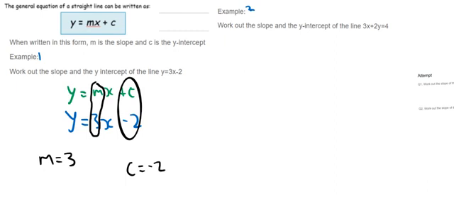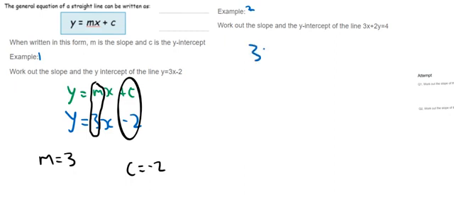What we mean by y-intercept is where the line will cross the y-axis. So this line crosses the y-axis at minus 2, so the point (0, minus 2) is on that line. You can just line it up and read straight off what m is and what c is. So let's look at example 2 here.